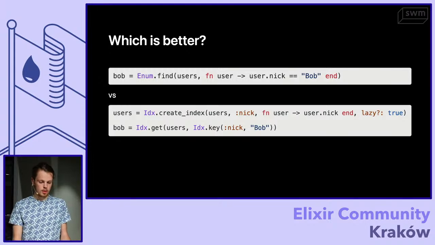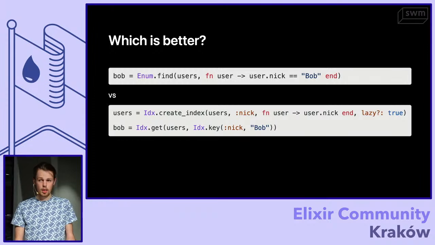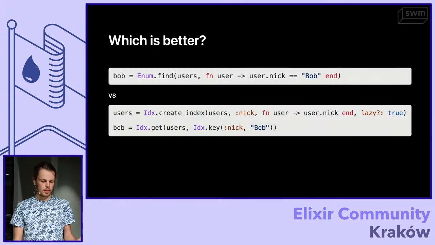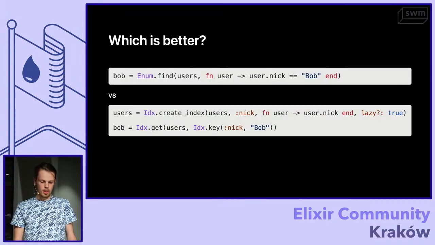And this new lazy index won't add any overhead when we are changing the users or adding them. So if we benchmark our code, for example, and it happens that one way is better than the other, then we can just add or remove the lazy argument when creating the index, and accessing the collection will remain the same.